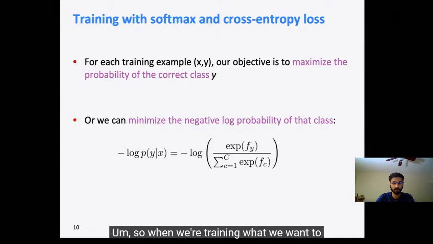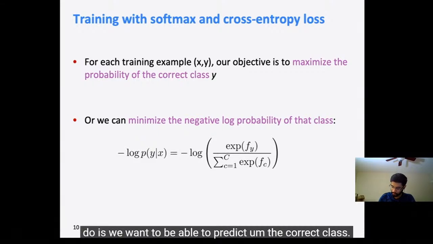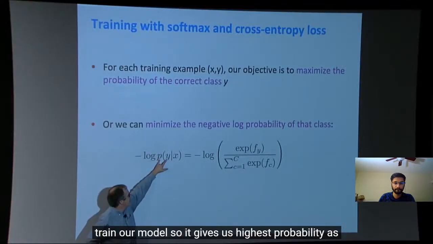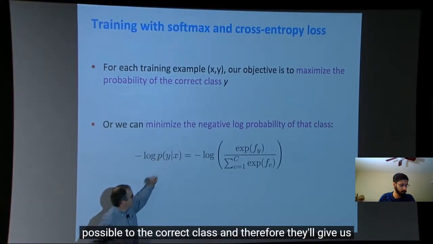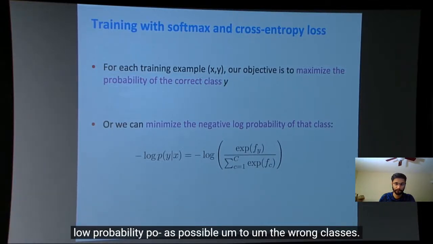So when we're training, we want to be able to predict the correct class. The way we're going to do that is to train our model so it gives as high a probability as possible to the correct class, and therefore as low a probability as possible to the wrong classes.